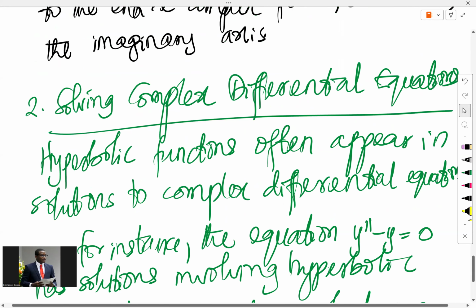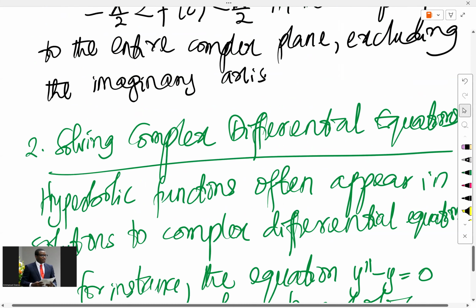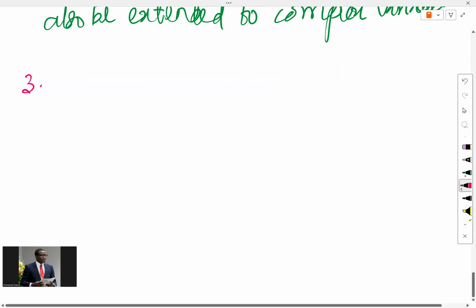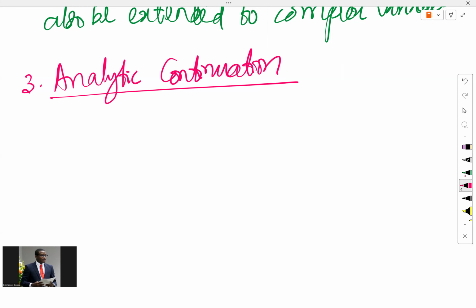Okay. So we move on to the third possible application of hyperbolic functions in complex analysis. We have what we call analytic continuation. We can see this as analogous to continuity in real numbers, which I talked a bit about. I think I have a video on limits and continuity under basic calculus.